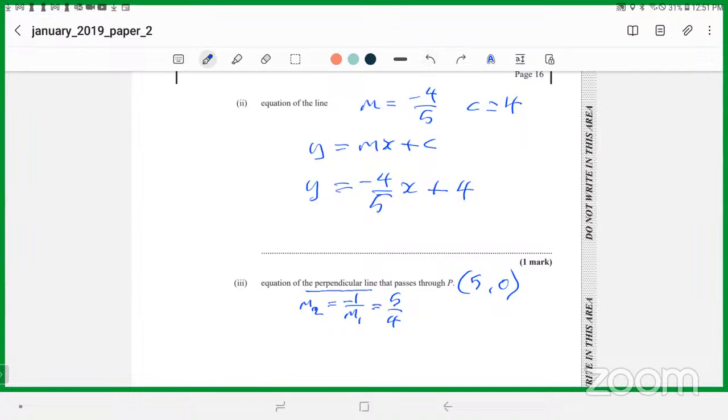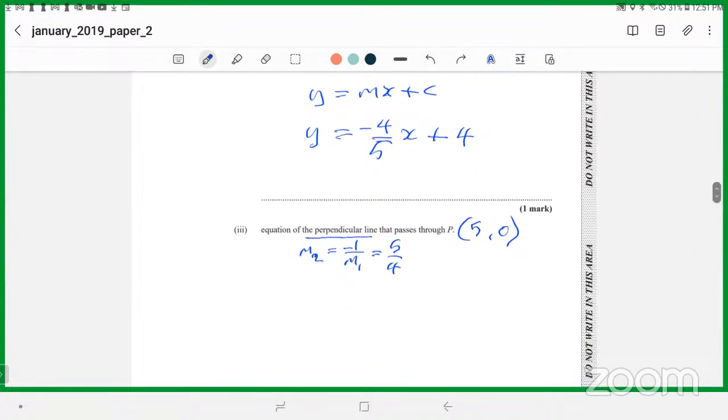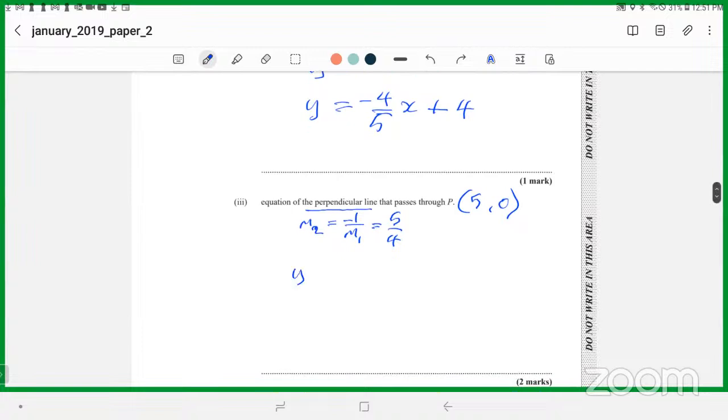So we now want the line with this gradient passing through this point. That's where our BFF is going to come back and be used. That equation is going to be y minus the y value at the point P equals the gradient of line 2, the perpendicular line, times x minus the x value at the point P. So y minus the y value at the point P, which is 0. So put in 0 here.